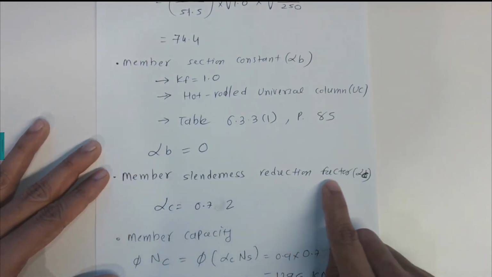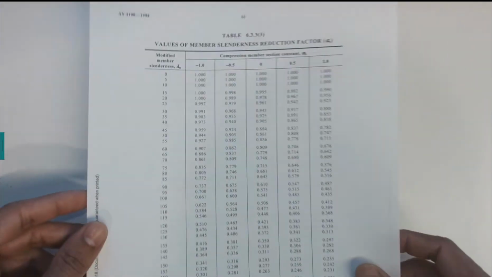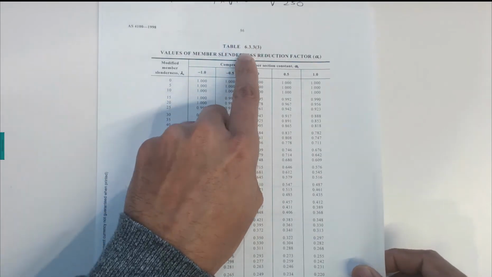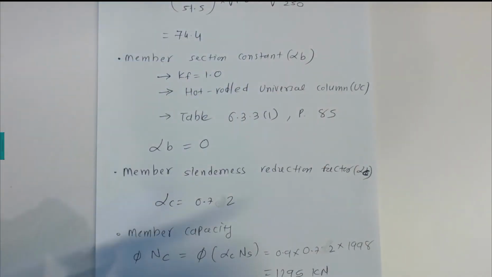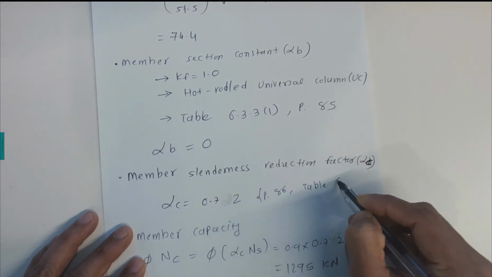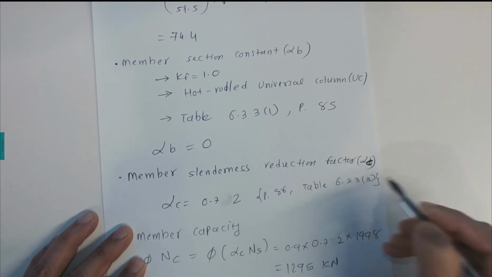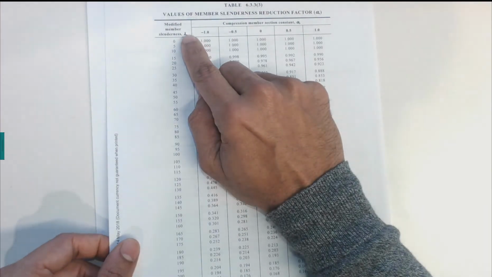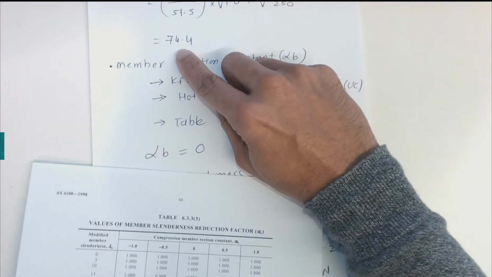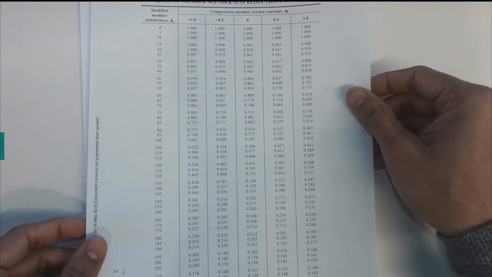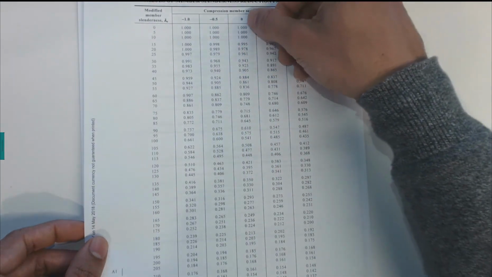Now the member slenderness reduction factor alpha c can be found from page number 86, table 6.3.3(3). To find alpha c, we check lambda n, which is 74.4 as we calculated, and the alpha b value, which is 0.